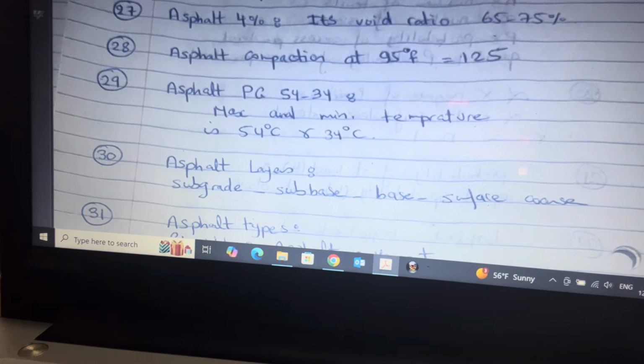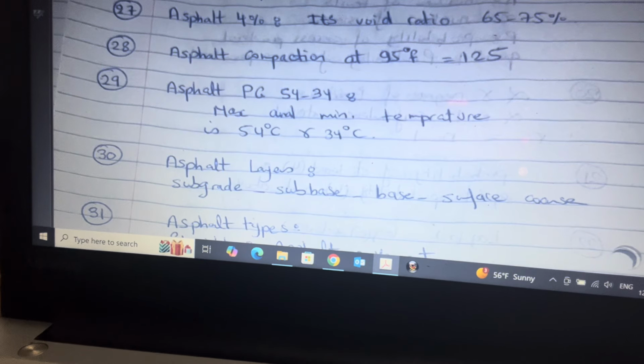Okay. Also, what does it mean asphalt 4%? It means that its void ratio is from 65 to 75%. So in case it comes in the exam, you need to be aware of that. Also, you need to be aware about the asphalt compaction at 95 degrees Fahrenheit is equal 125.